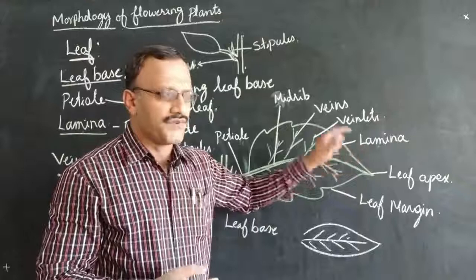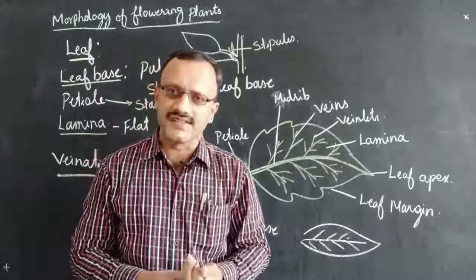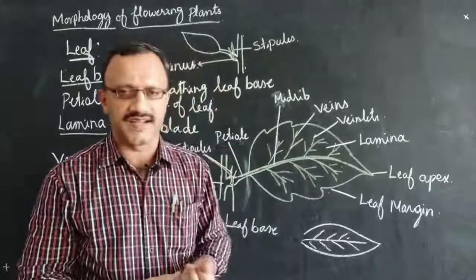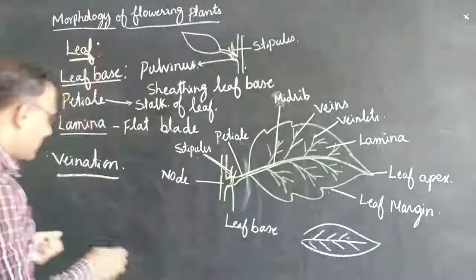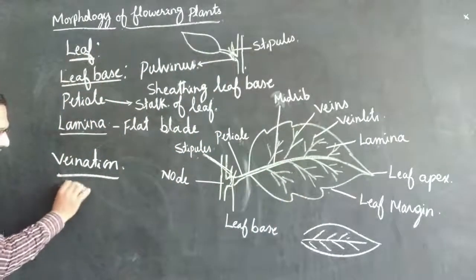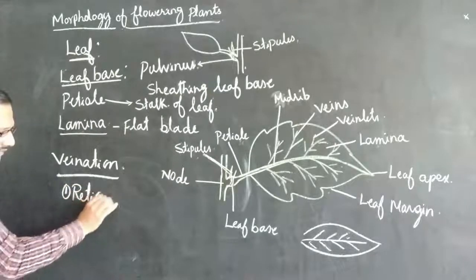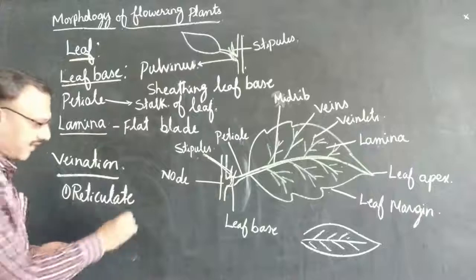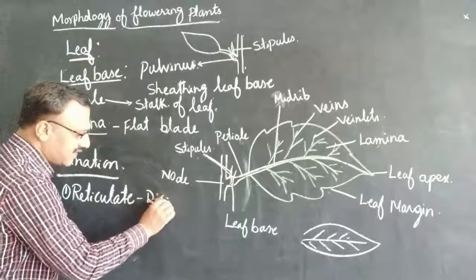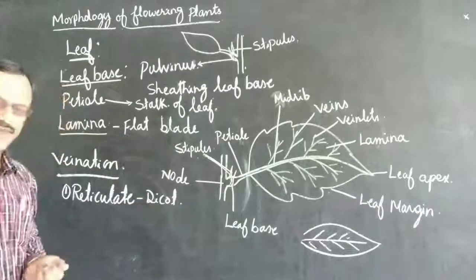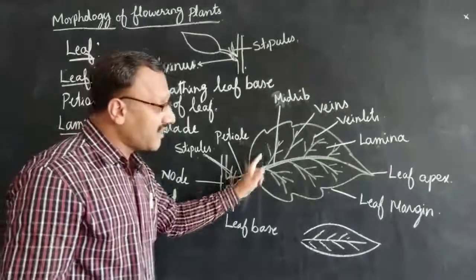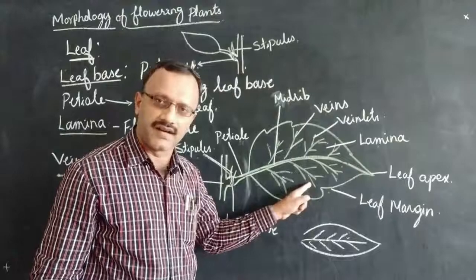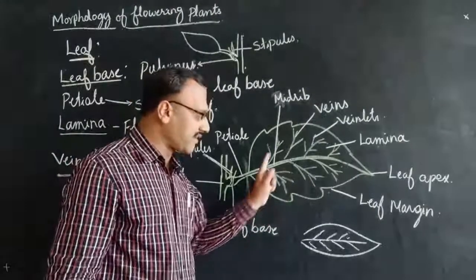The leaves show the arrangement of veins and veinlets in the lamina, which is of two different types. One is called reticulate venation. This is one of the features of dicot plants. Remember, it is found only in dicot plants, where the network of veins and veinlets is found in the lamina, where the midrib bears a number of veins.